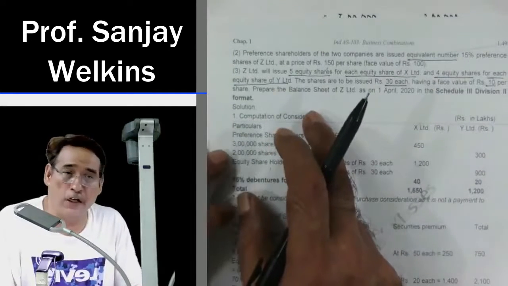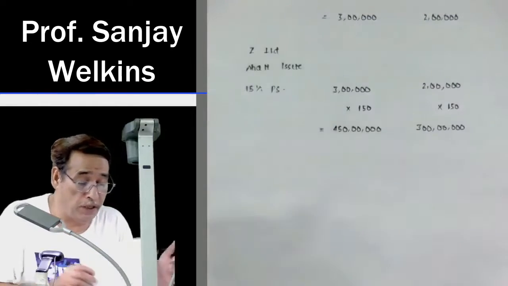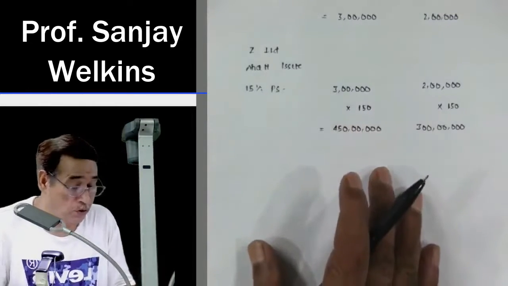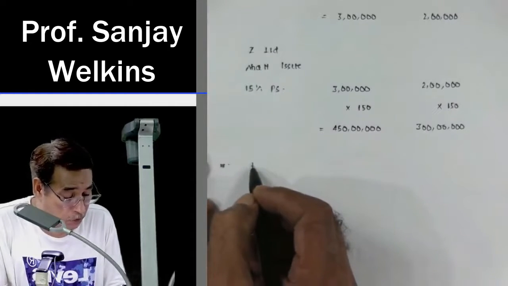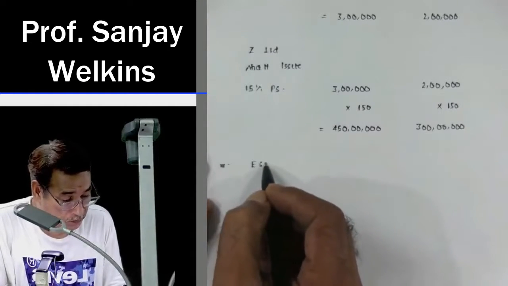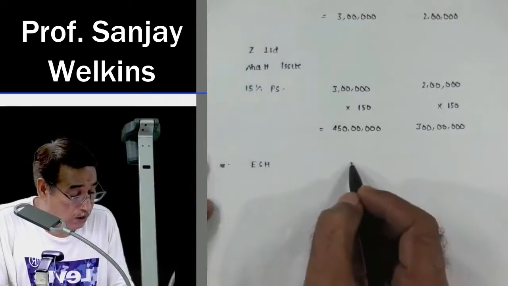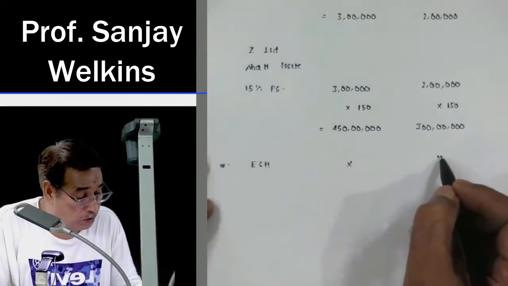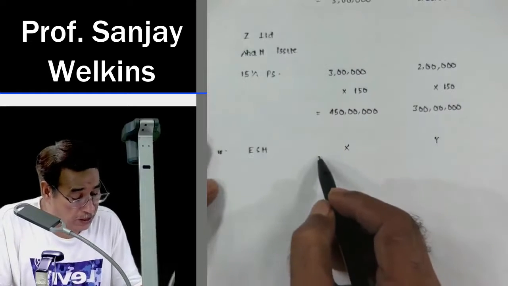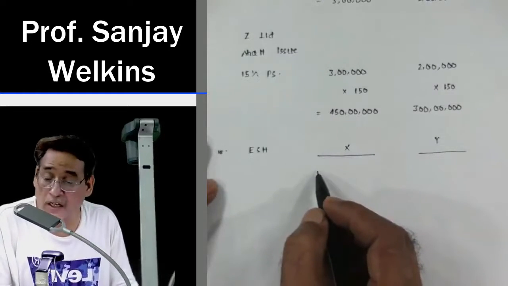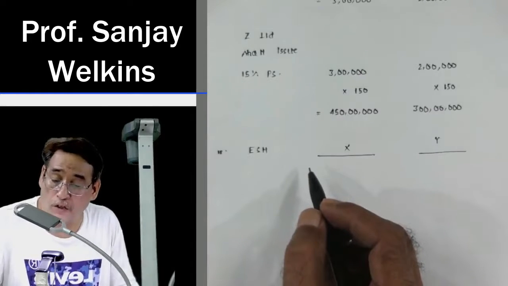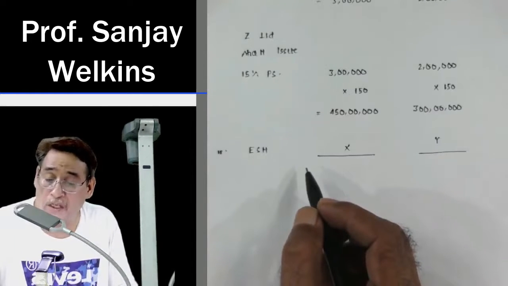So I hope you already got the meaning of this particular line, but still I will explain it in a better manner. Just pay attention over here. Point number 3, equity shareholders, X Limited, Y Limited. As far as equity shareholders of X Limited, I look into the balance sheet to find out first of all their worth of capital.